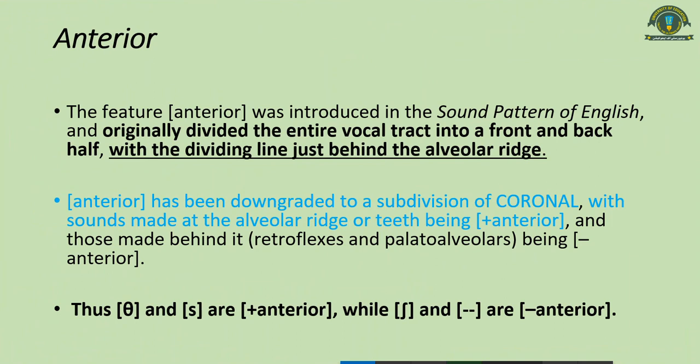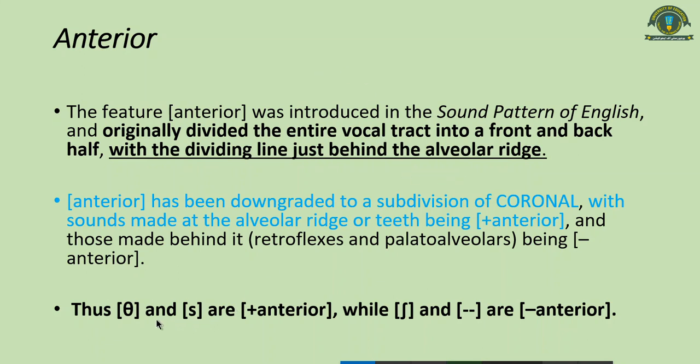Now anterior has been downgraded into a subdivision of coronal, with sounds made at the alveolar ridge or teeth being plus anterior and those made behind it being minus anterior. So you can see that the vocal tract is divided into a front and back half, and the dividing line is just behind the alveolar ridge.